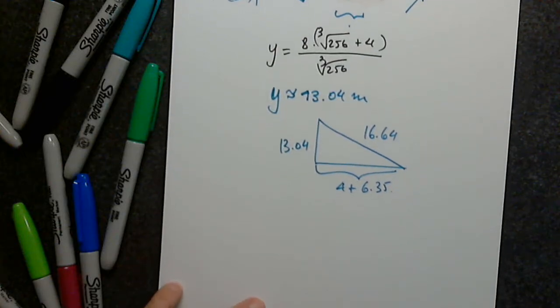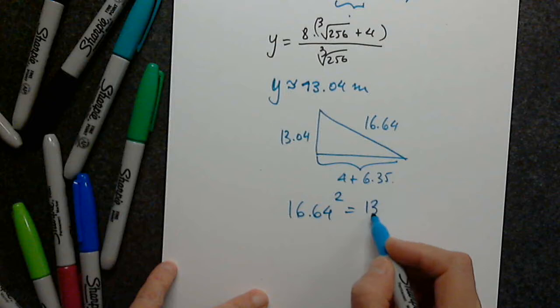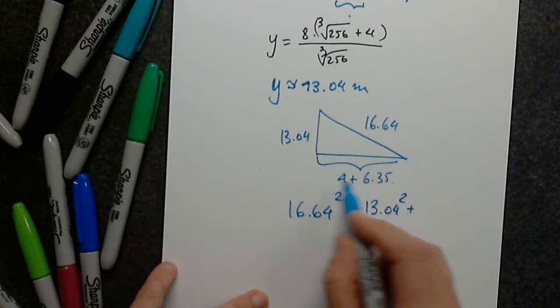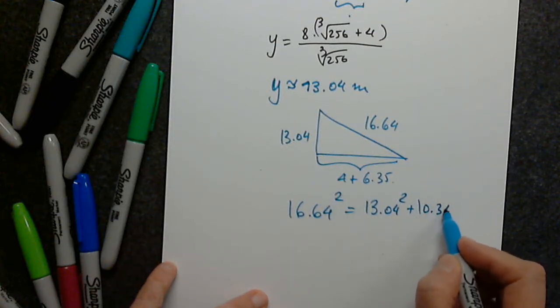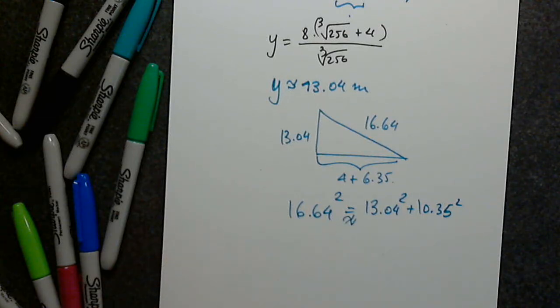So now, if 16.64 squared equals 13.04 squared plus 10.35 squared, approximately, because if this is okay, then the answer is okay. If the left-hand side does not equal, there is a huge difference between left and right, then I have to go back to the drawing board.